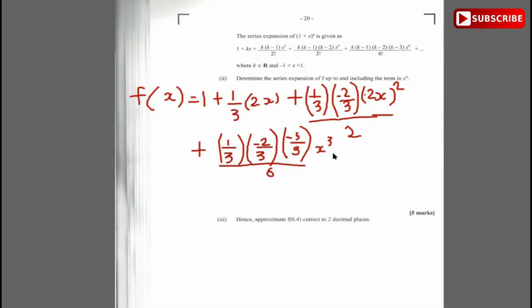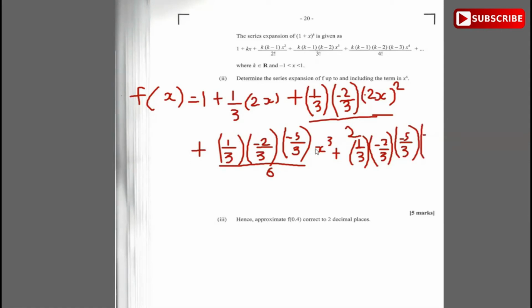Plus k times k minus 1 times k minus 2 times k minus 3: 1 over 3 times minus 2 over 3 times minus 5 over 3 times minus 8 over 3.